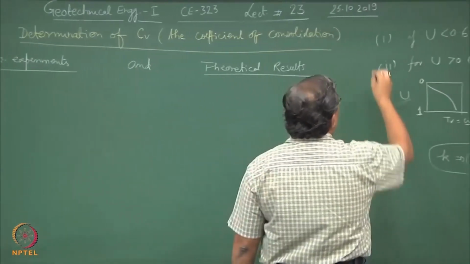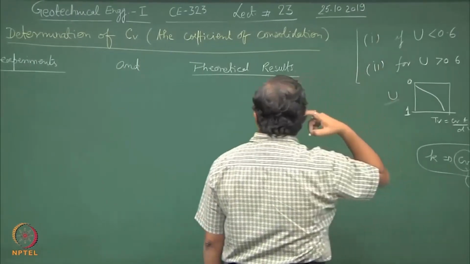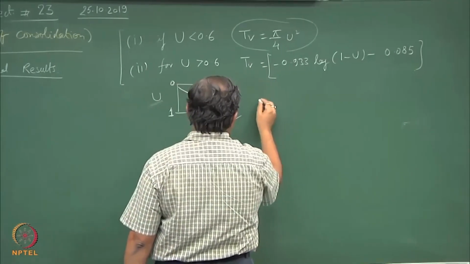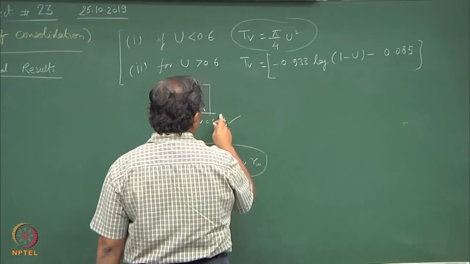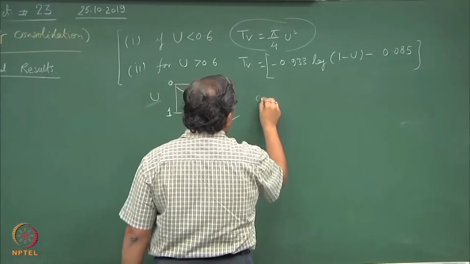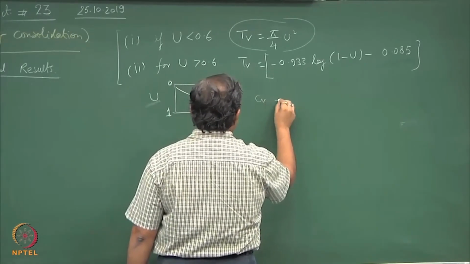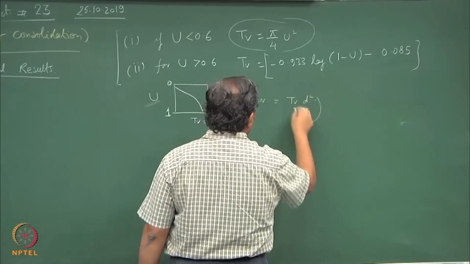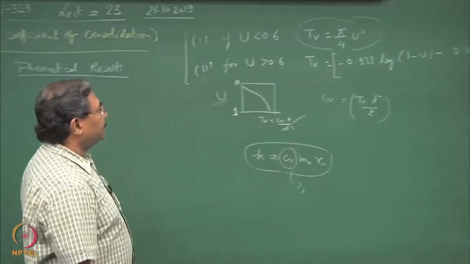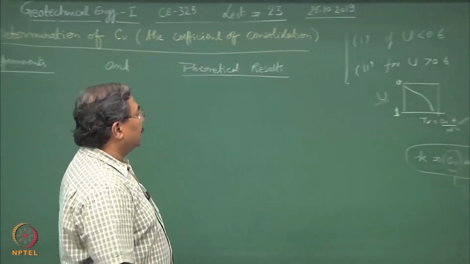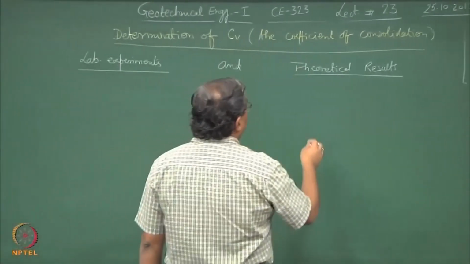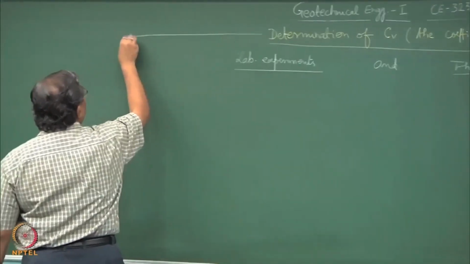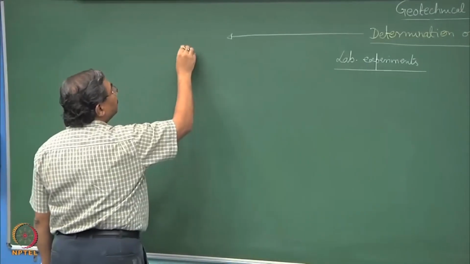Now, what we observe from here is that degree of consolidation depends upon the time factor Tv, and Tv is linked with the coefficient of consolidation. So, we can say that Cv equals Tv into d square upon t. Now, in real life, there are two ways of determination of Cv.